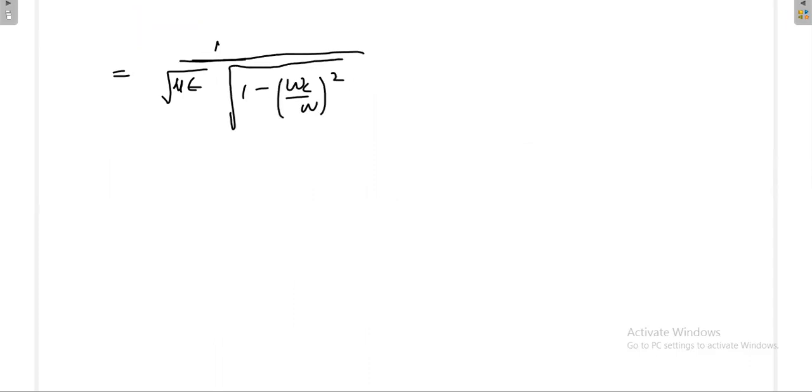So 1 divided by mu epsilon, times 1 minus omega c divided by omega, whole square, overall square root. And you know that 1 by mu epsilon can be written as c divided by mu r epsilon r, and then this term you can again simplify.